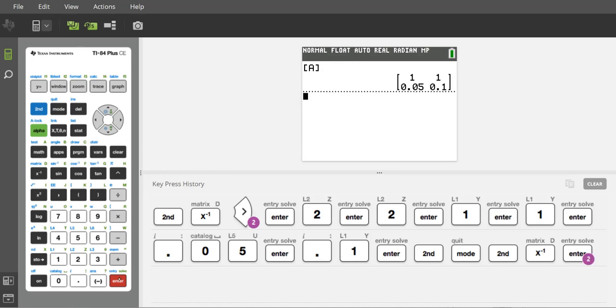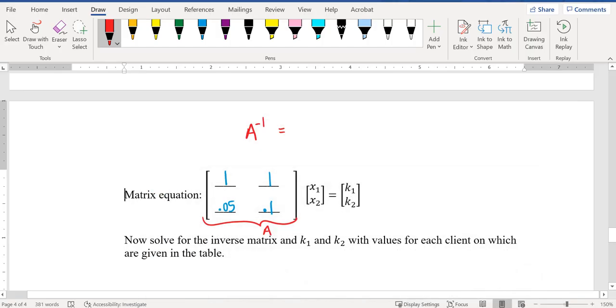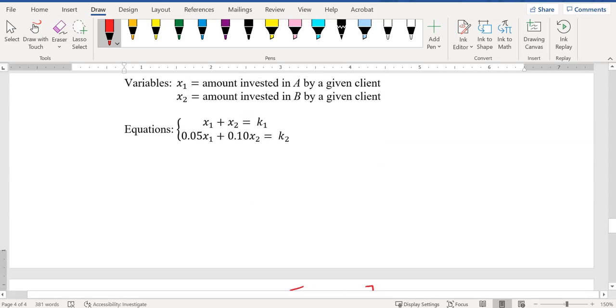That is correct. We want to do second matrix A inverse. Okay, our A inverse is 2, negative 20, negative 0.1, 20. That's A inverse. Now we need to solve by putting in the desired K1 and K2.